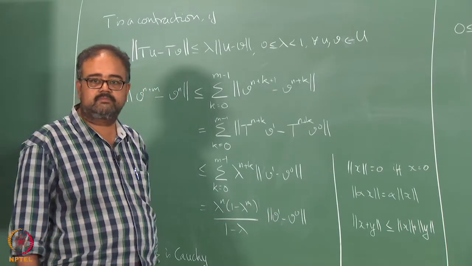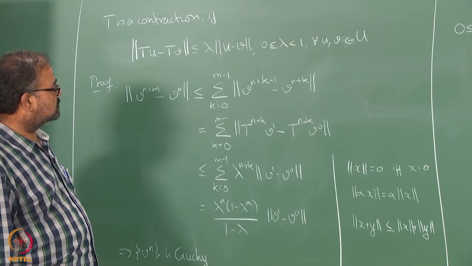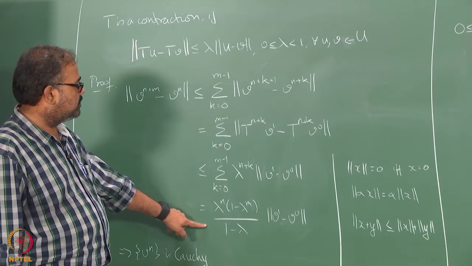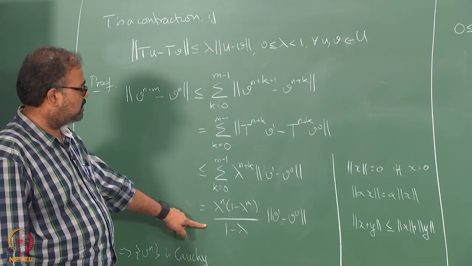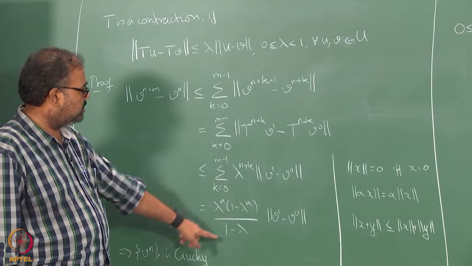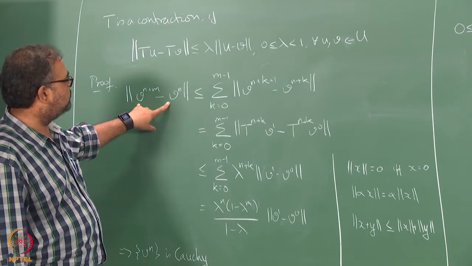We could have just put m equal to 1 and taken the limit as n tends to infinity for the previous one. What would you have gotten? The RHS becomes 0. Then you show that the successive differences become 0.